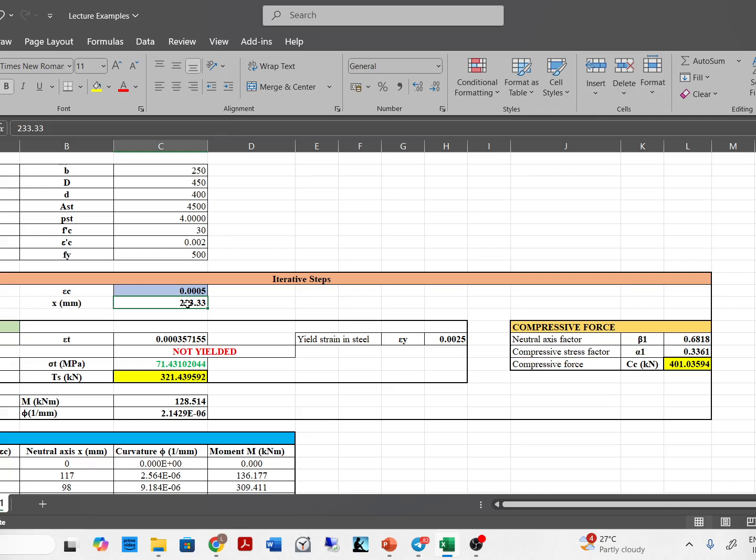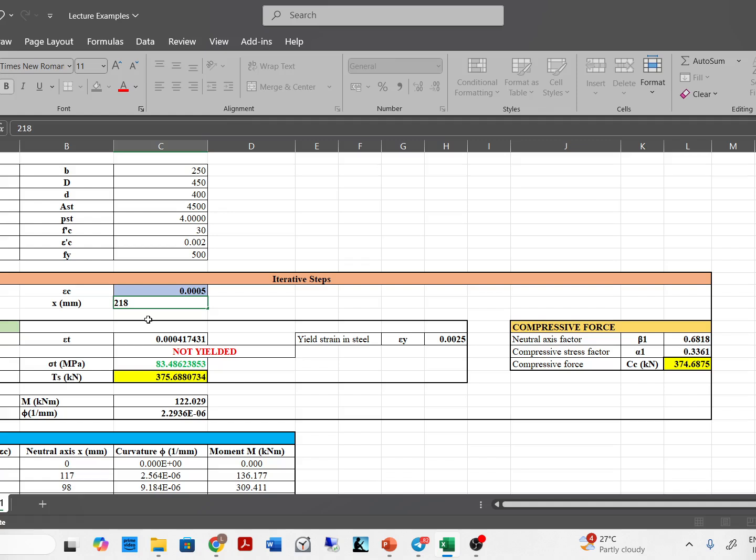For 0.0005, we can see that Cc is higher than Ts. So we need to reduce the value of x. Let's try 220. For 220, we need to reduce it slightly further. Okay, not so much, 218. Yeah, we need to slightly increase it now.